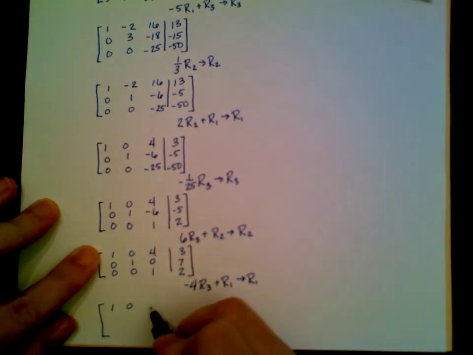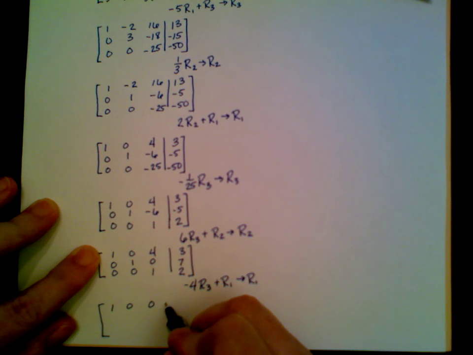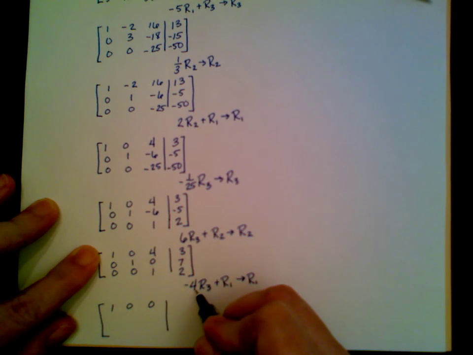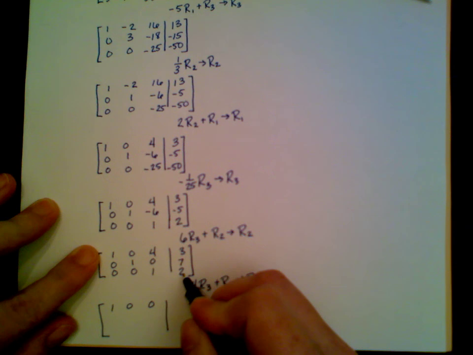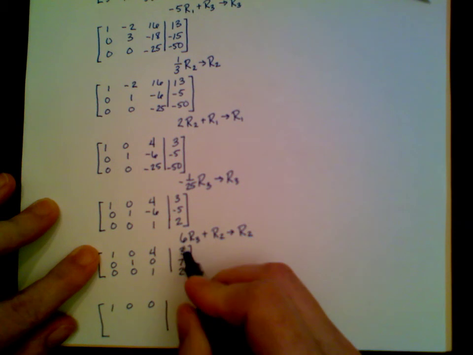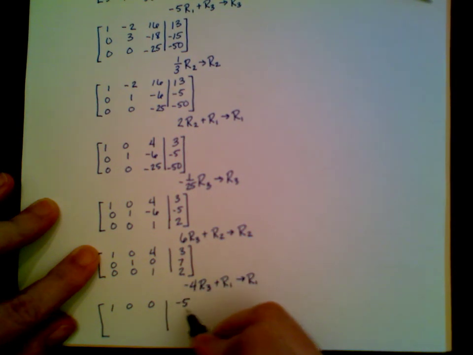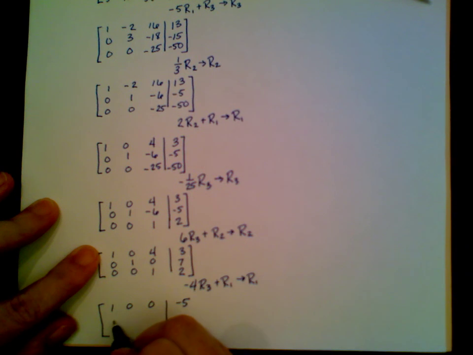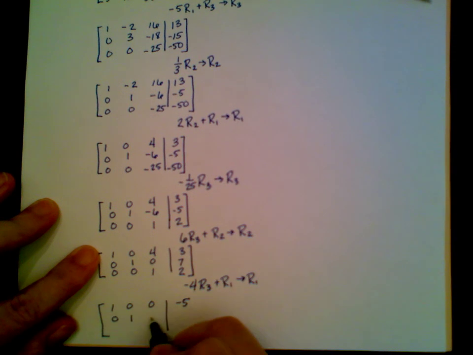Negative 4 times 1 is negative 4 plus 4 is 0. Negative 4 times 2 is negative 8 plus 3 is negative 5. And then my other two rows don't change.